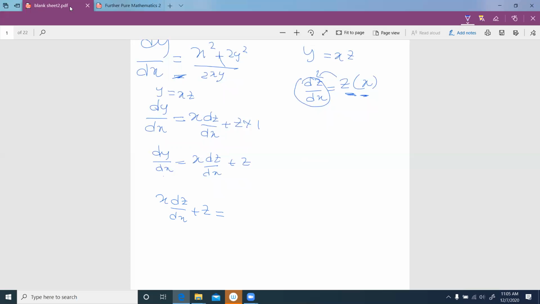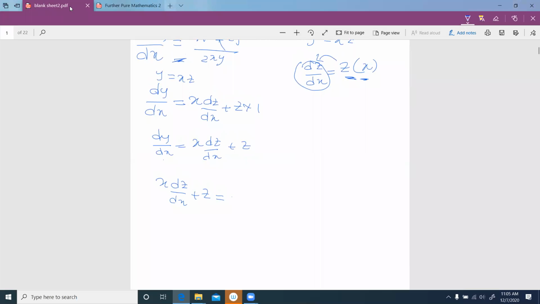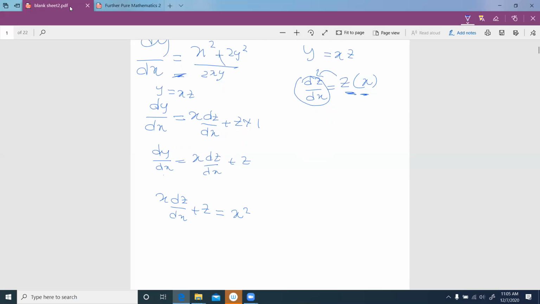You can write x squared plus 2y squared, and for y squared you can put xz whole thing squared, because you need the final answer in terms of z. And for 2xy, you replace y with xz.